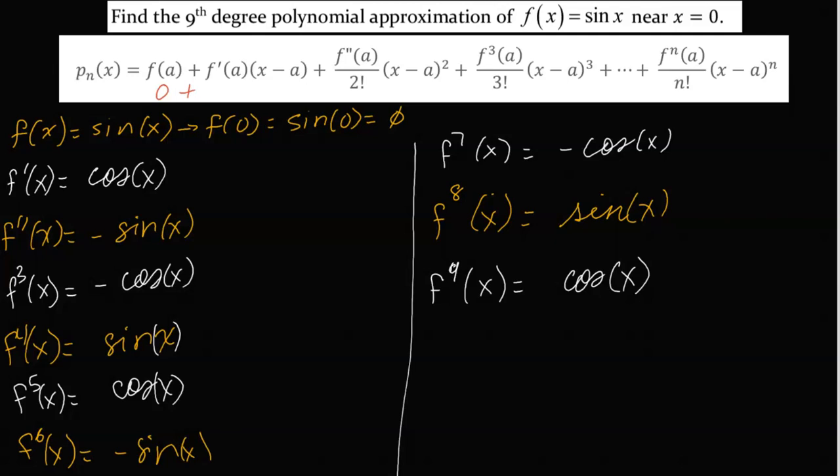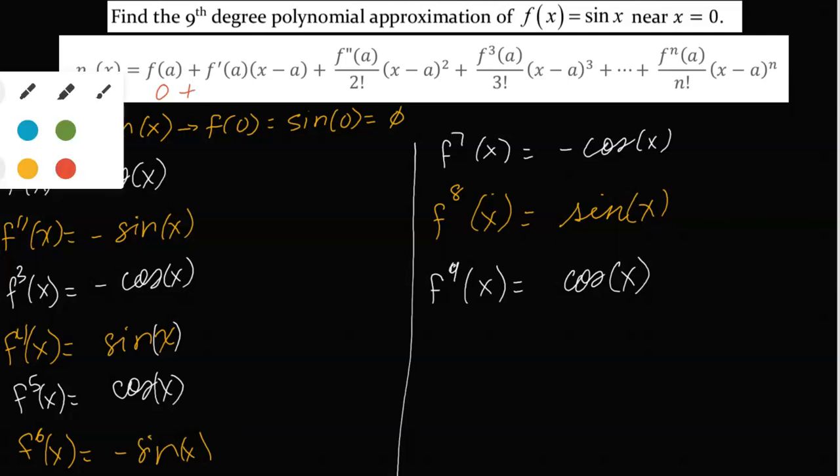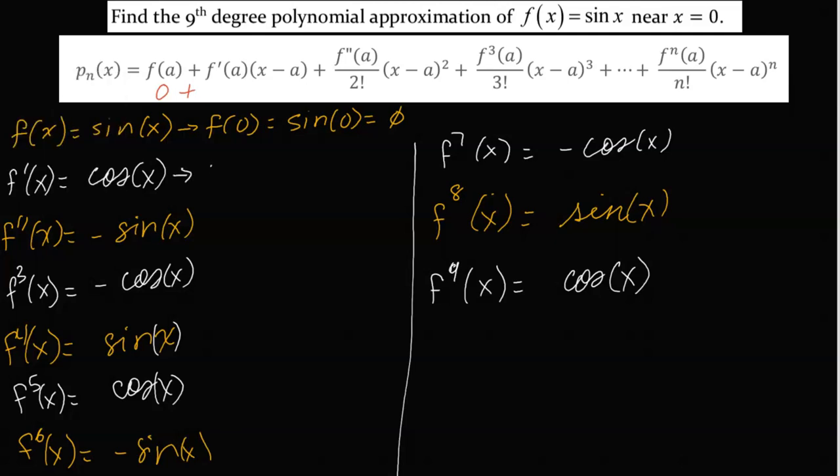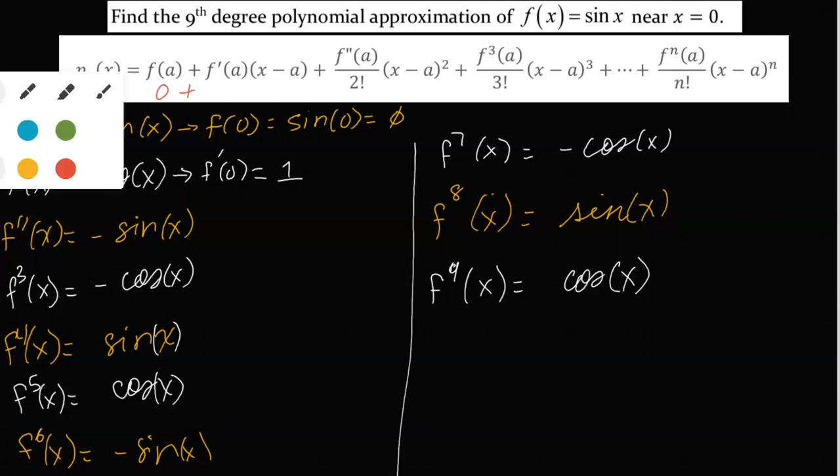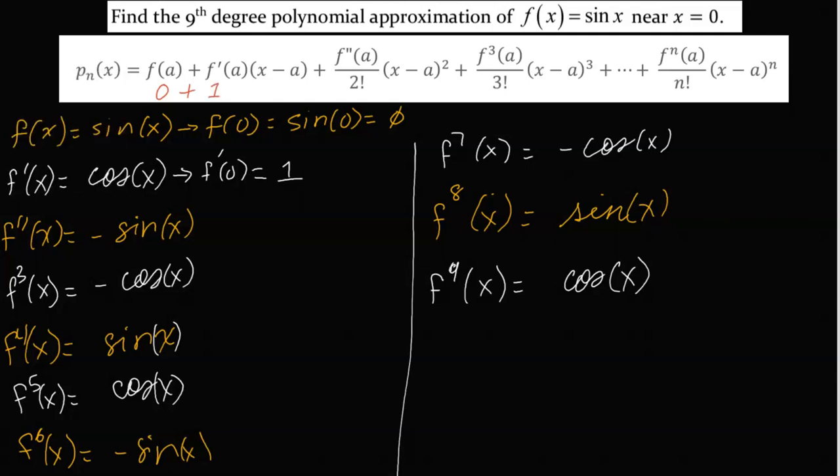Okay, so now what we need to find out is we need the f prime of a evaluated at 0. So here f prime of 0 is going to be cosine of 0. Cosine of 0 is going to be 1. So the coefficient here is going to be 1 times x minus 0, which is x. We can just go ahead and say 1x.